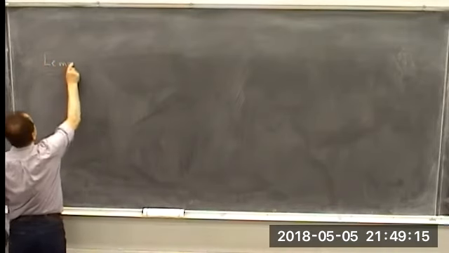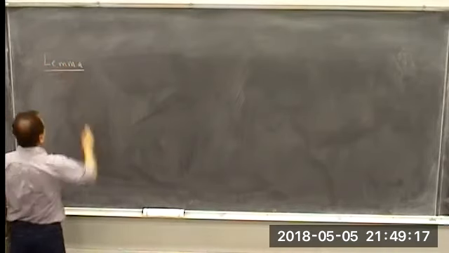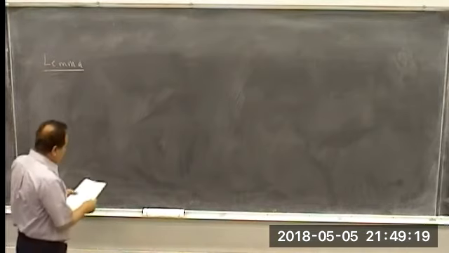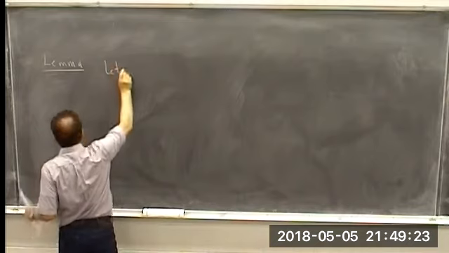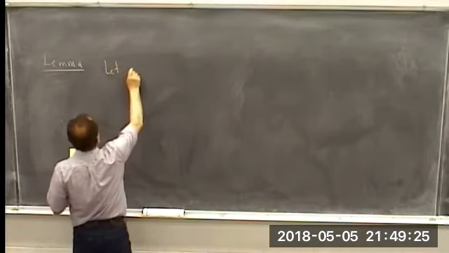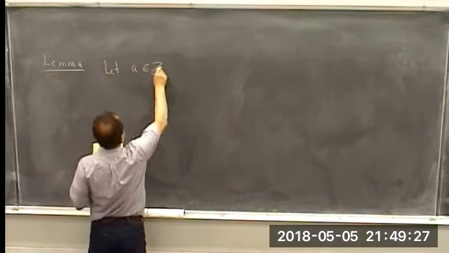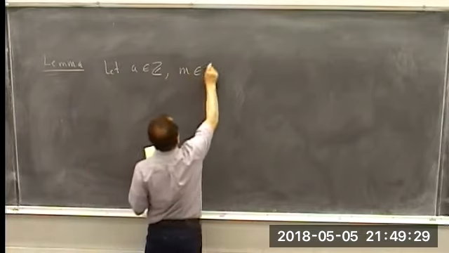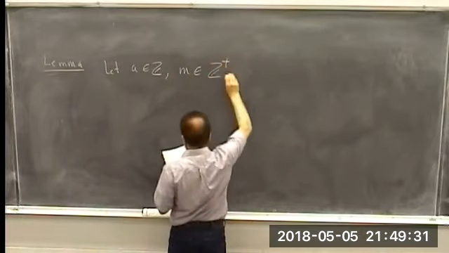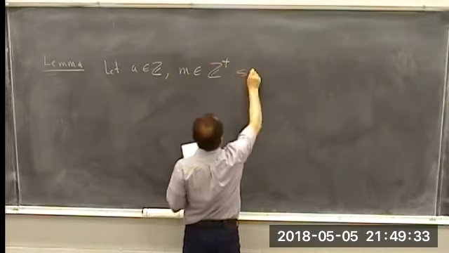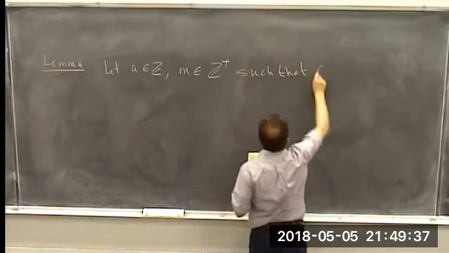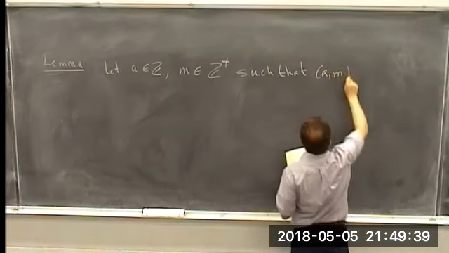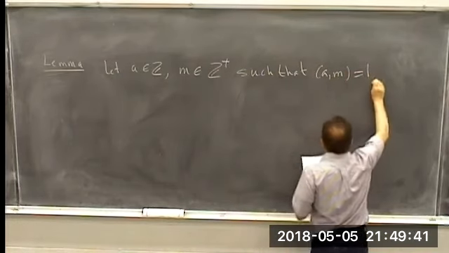I want to do it a little more general, not just for a prime. This is true for any integer. Okay, so we're going to let a be an integer, m positive, not necessarily a prime, such that a and m are relatively prime.